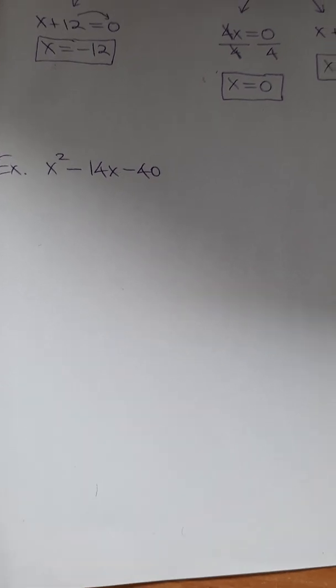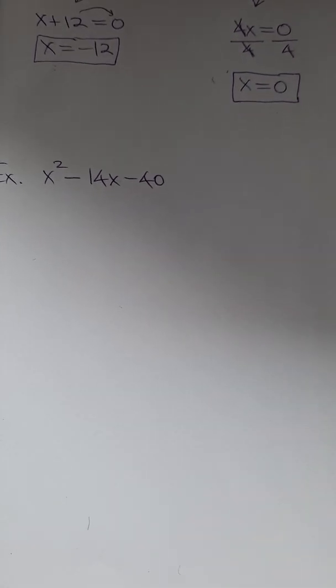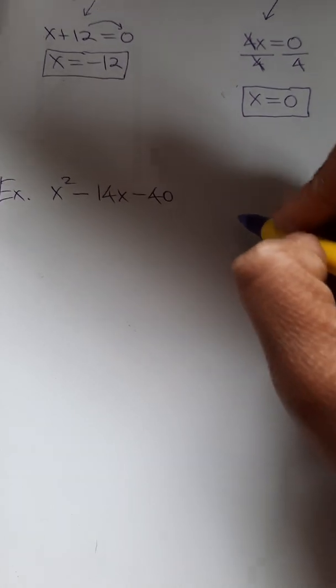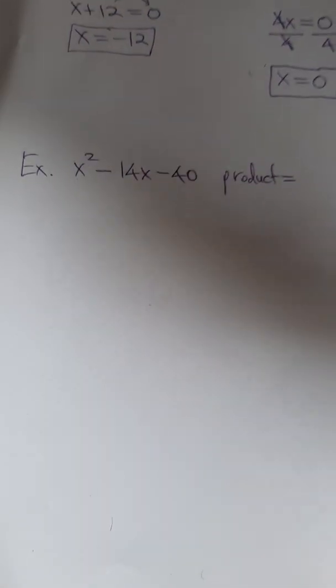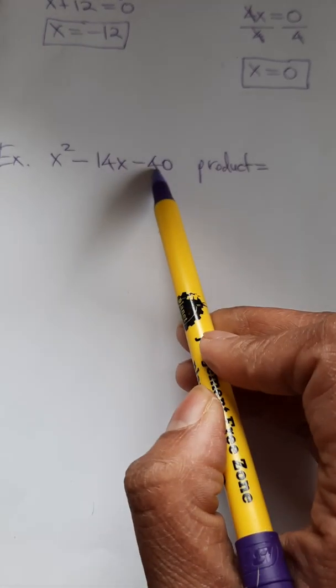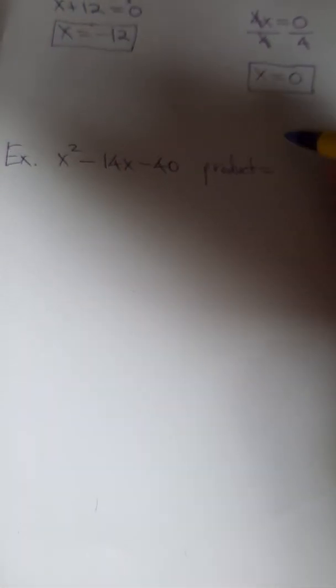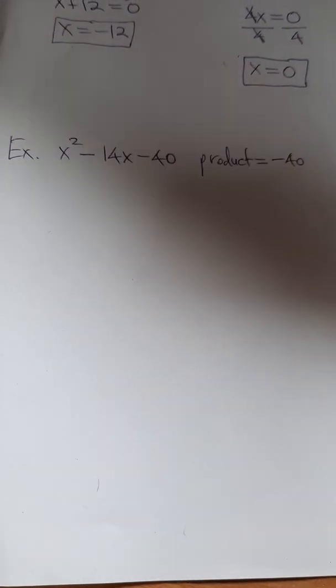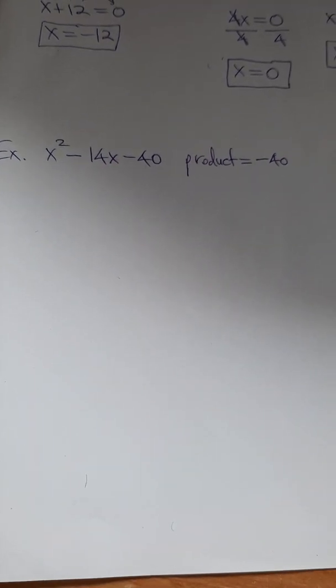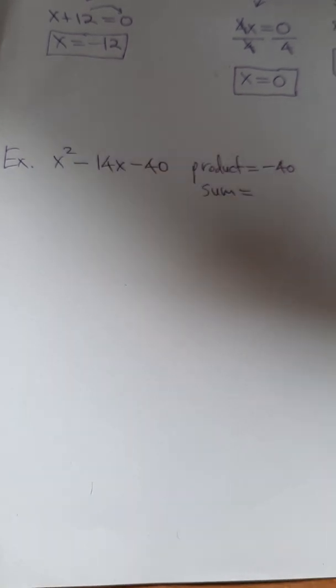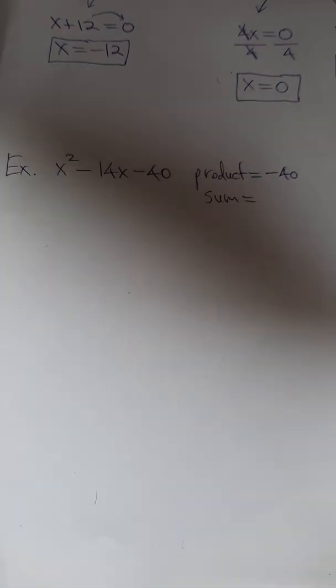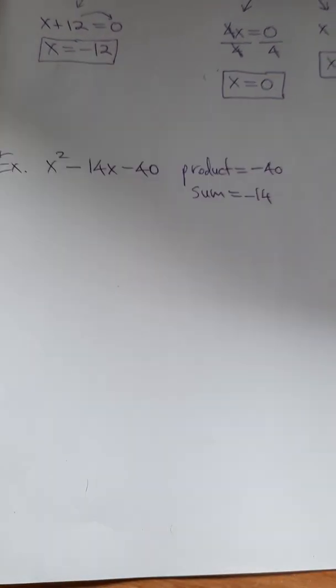So again, I do have to do the product and the sum. So we'll maybe just write it right here. The product in this case is going to be this last number, with the sign. So the product has to be negative 40 of my two numbers, and the sum has to be the middle term, and in this case, it's negative 14.